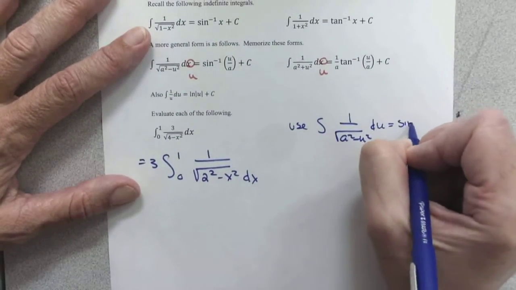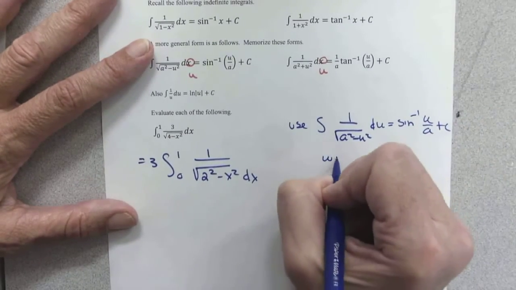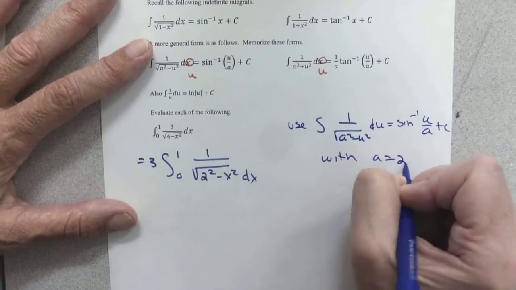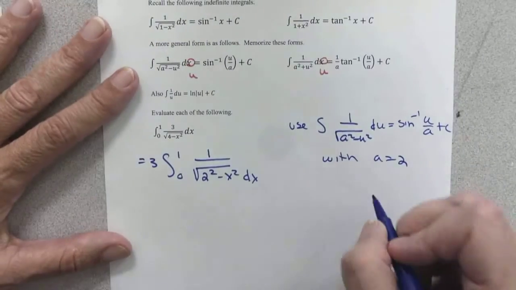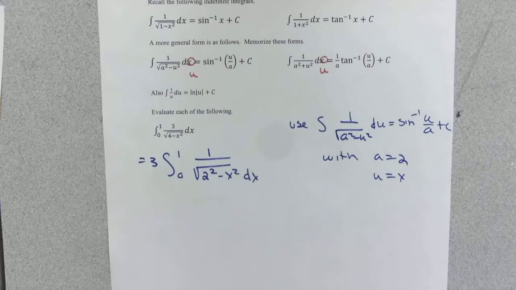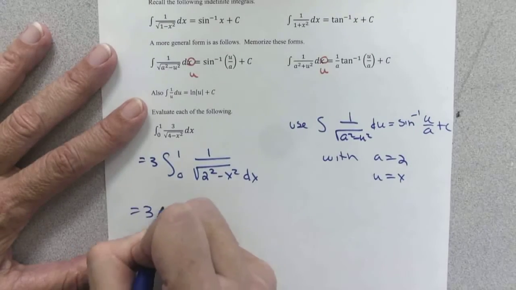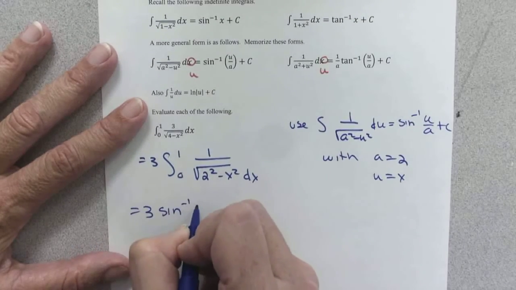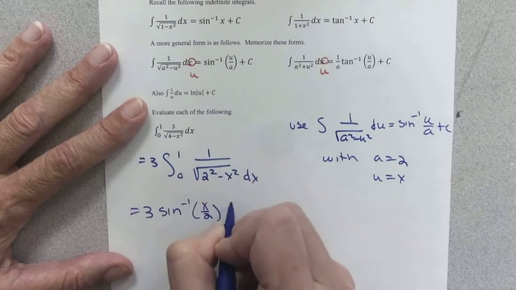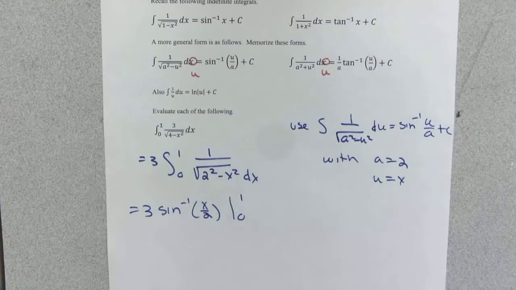It is going to be sine inverse u over a plus c, in this case with a equal 2, and in this case u equal x. So I'm using that formula that I have up there, but in this case with a equal 2 and u equal x. And so this is going to be 3 times sine inverse x over 2 evaluated from 0 to 1.